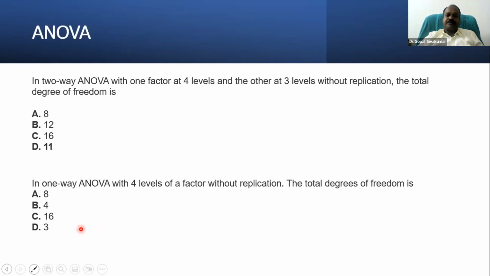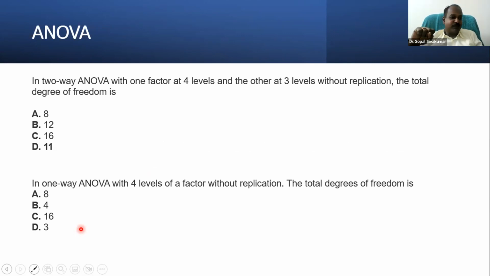Now, moving on. In two-way ANOVA, two-way ANOVA means how many factors? 2 factors. One factor at 4 levels, another factor at 3 levels. So what will be the total number of experiments now? I have taught this in design of experiments.